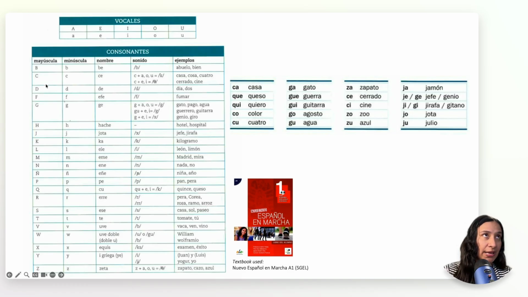So B, C, D, E, F, G, H, J, K, L, M, N, Ñ, P, Q, R, S, T, V, B pequeña, V chica, whatever alternative you want to use for this letter. W, that's the one that I use for W, X, Y, or J, and Z.